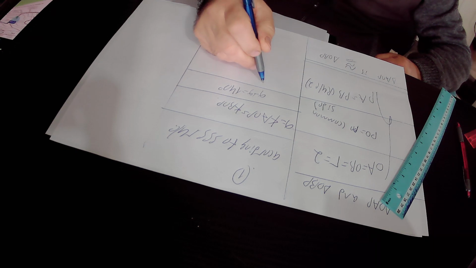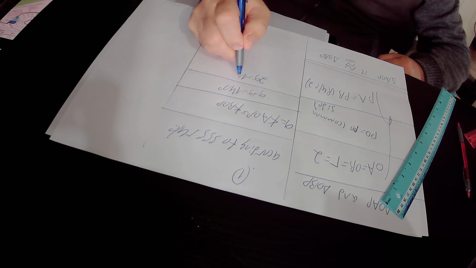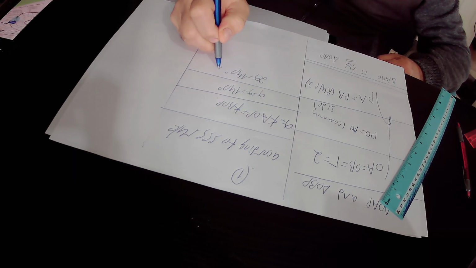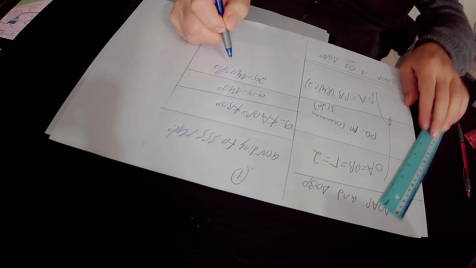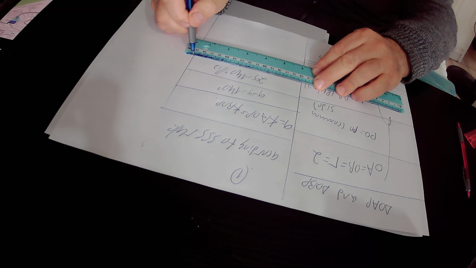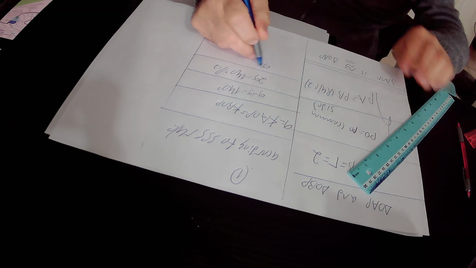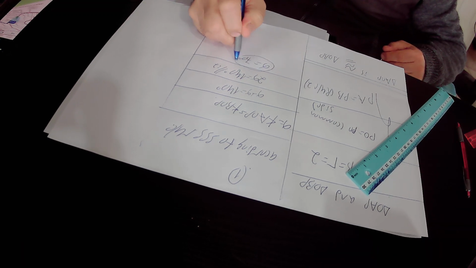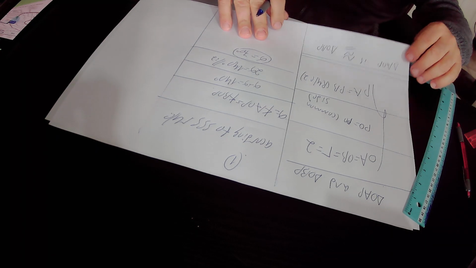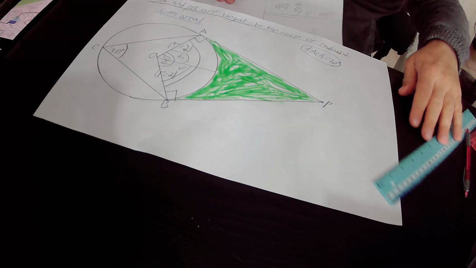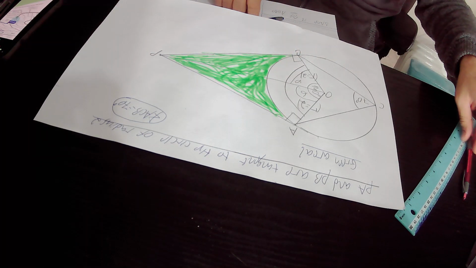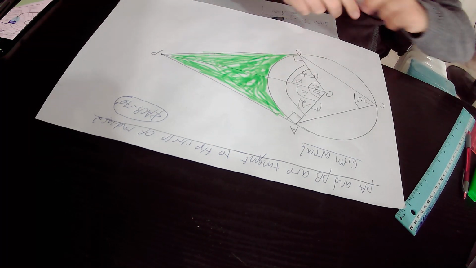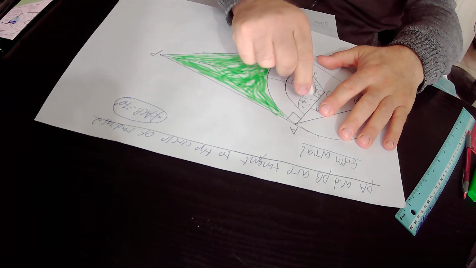Alpha plus alpha is 2 alpha, which equals 140 degrees. Here we divide this equation by 2, and finally we get that the missing angle alpha equals 140 degrees over 2, which is 70 degrees. So this is angle alpha, equal to 70 degrees in size.